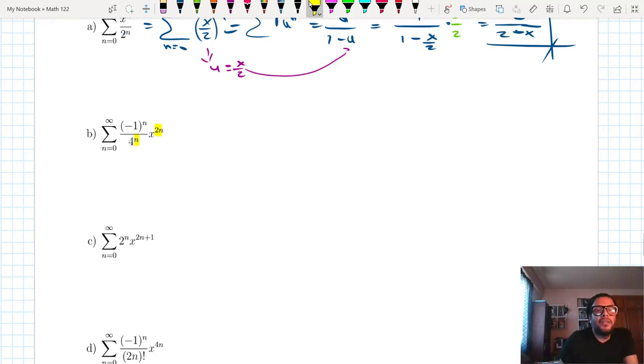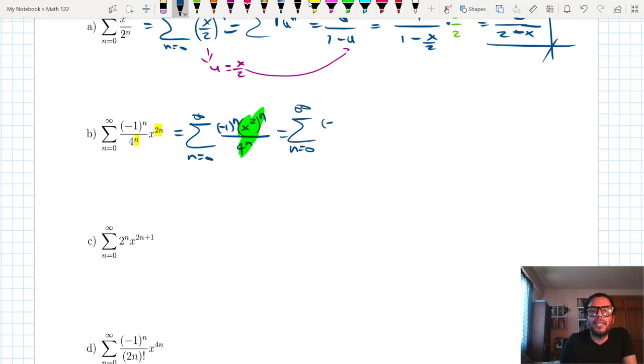So I'm going to do a little trick here: write x to the 2n as x squared to the nth power. Because the power of another power multiplies the powers, n times 2, that's the 2n that we have here highlighted in yellow. So this is 4 to the n still. And now we may group this into a single ratio and write it in geometric form.